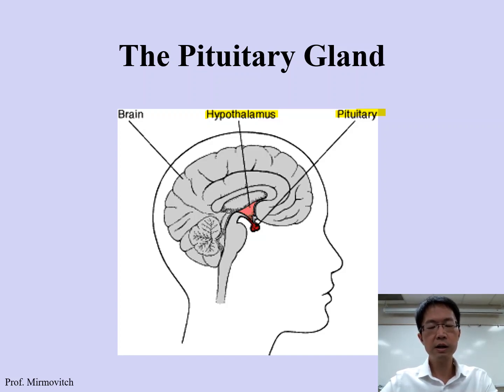The one in the front is called anterior. I call it end-pit, anterior pituitary. So the endocrine pathway for the reproductive hormone is from the hypothalamus to the anterior pituitary, and then from the anterior pituitary it goes to our gonads, ovary or testes.